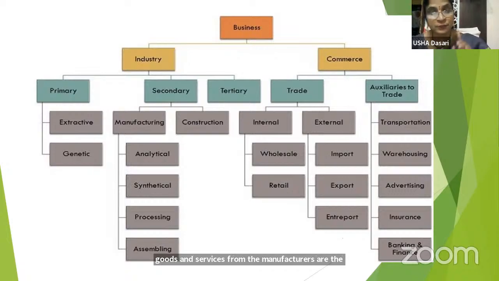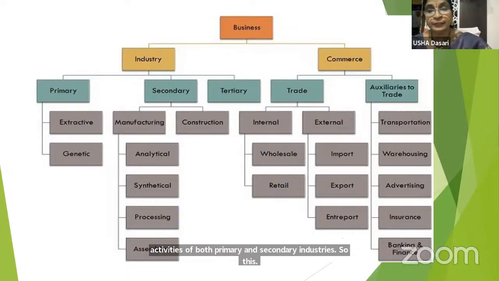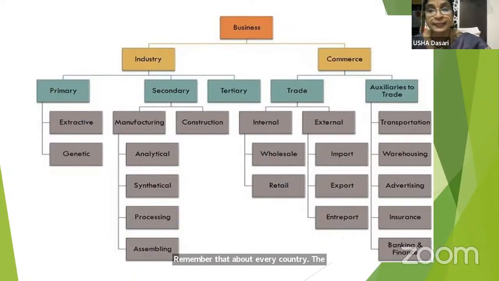This tertiary industry supplements the activities of both primary and secondary industries. Remember that in every country, the backbone of all the business activities is the service industry. So the service sector plays an important part in every country.